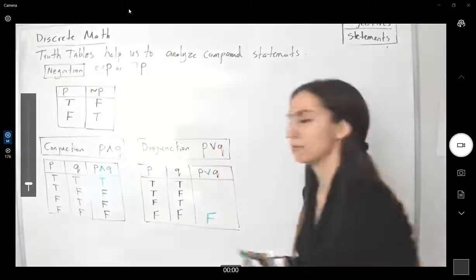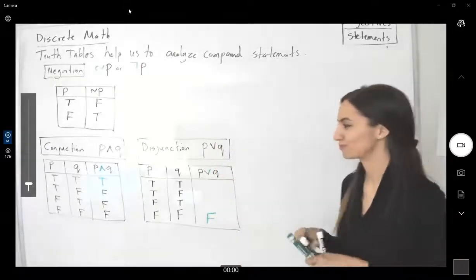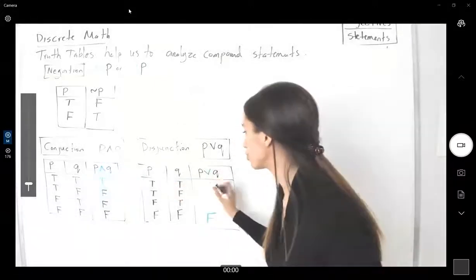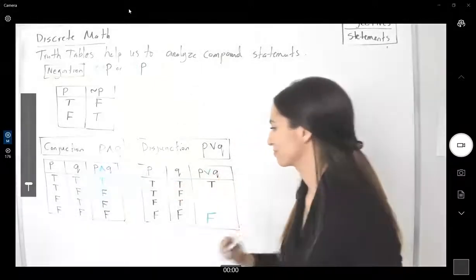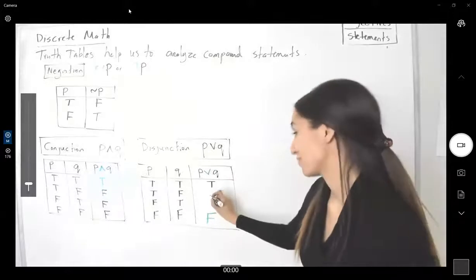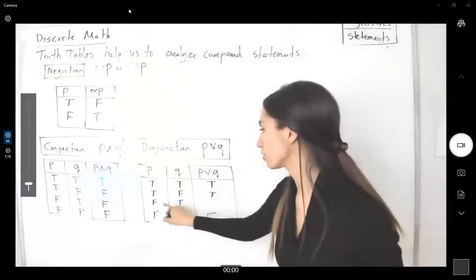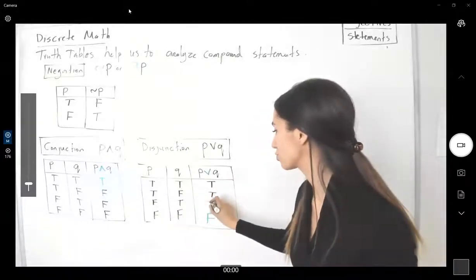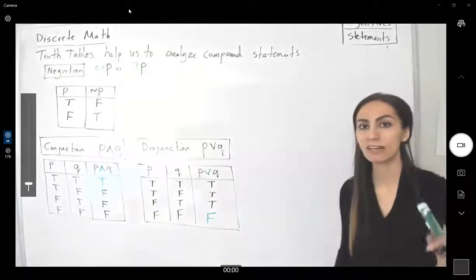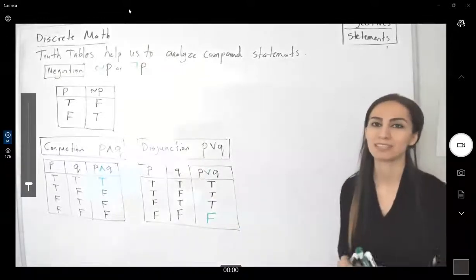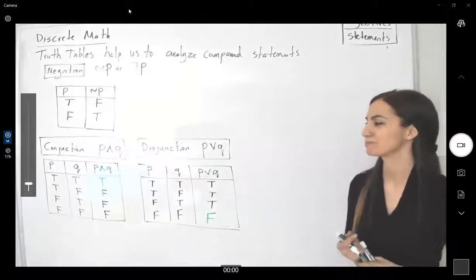For the rest of them, it's going to be true. True or true is always true. True or false, it's true. False or true, it's true. And it is false if and only if both of the statements are false.